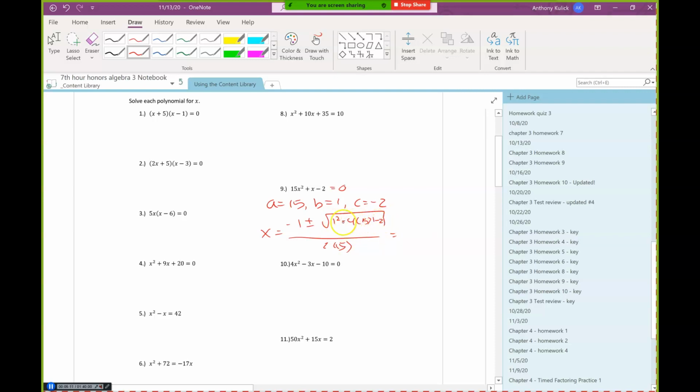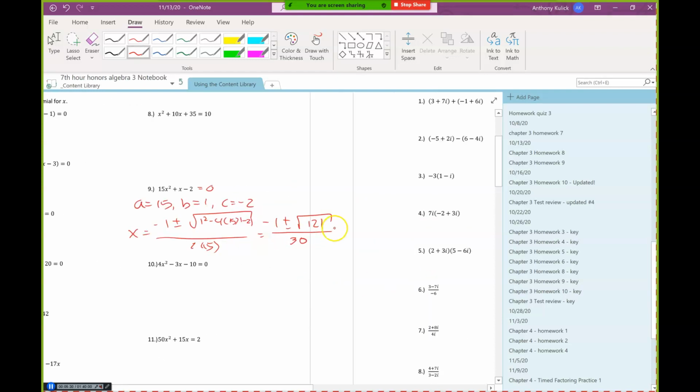So 4 times 15 is 60 times negative 2 is negative 120. 1 minus a negative 120 becomes 121. Okay, there. The square root of 121 is a perfect square. So that just becomes 11.